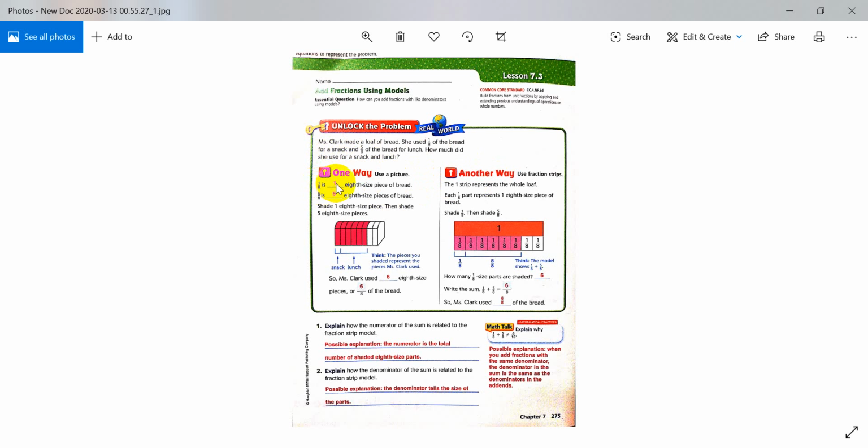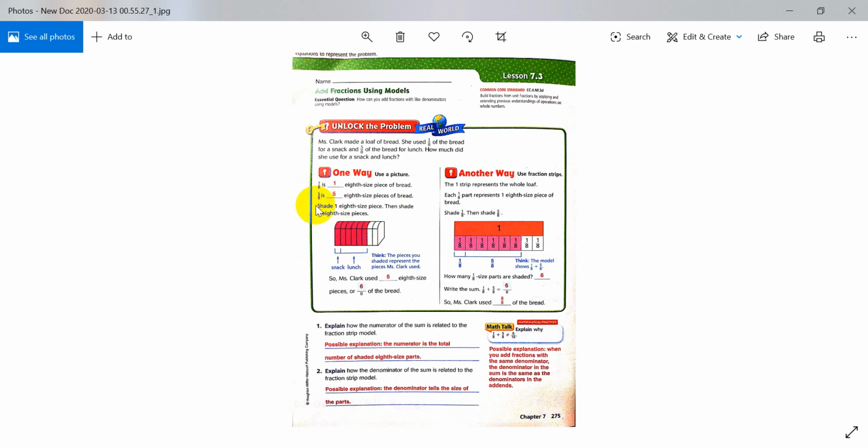You can shade one piece here, one piece for snack. This loaf of bread is distributed into 8 pieces. Then we shade only one piece here to represent 1/8. 1/8 is a 1/8 size piece of bread, and 5/8 from here, start from here, 1, 2, 3, 4, 5.